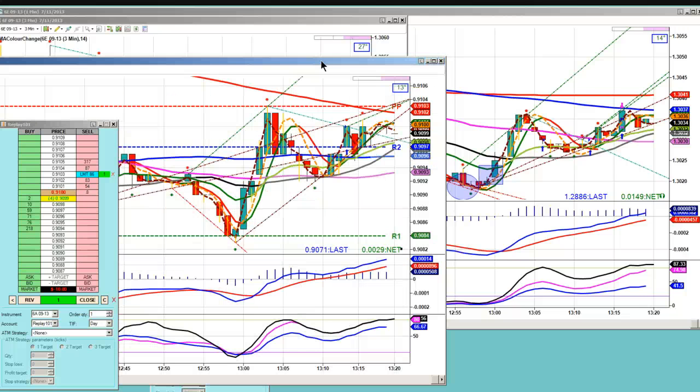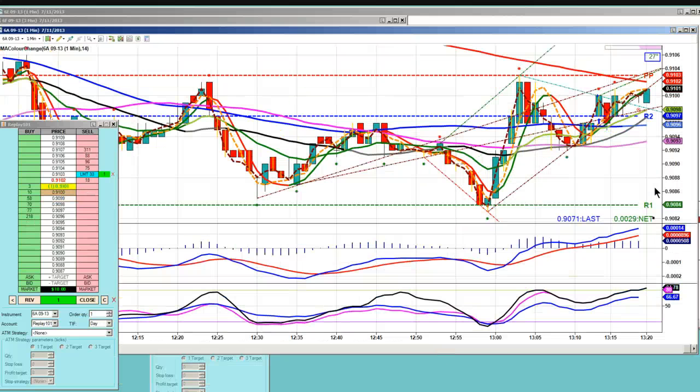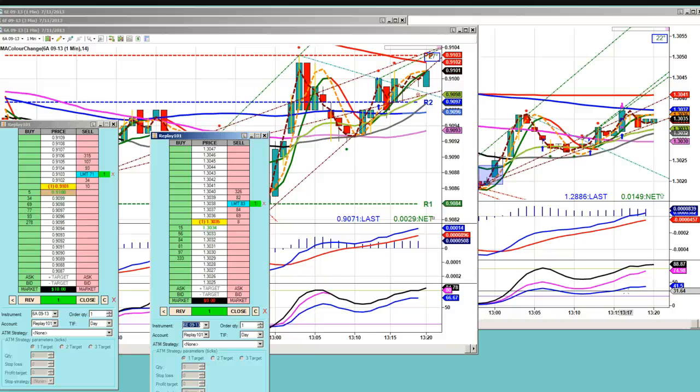So another way to divide your risk is to put one trade in one market and another trade in another market.